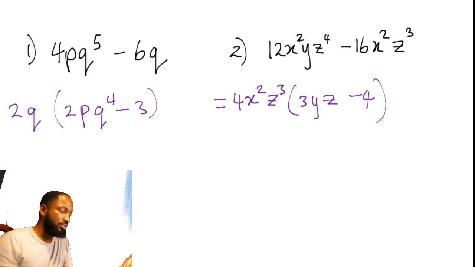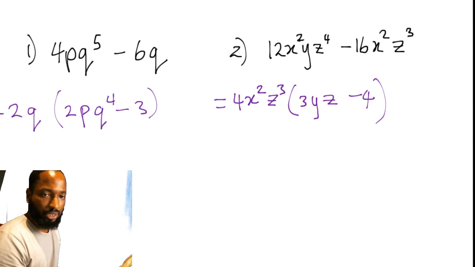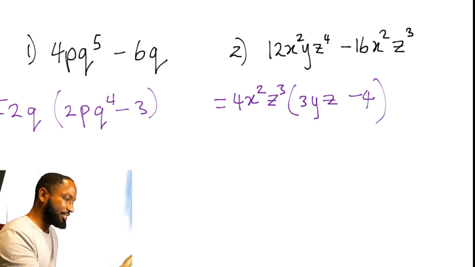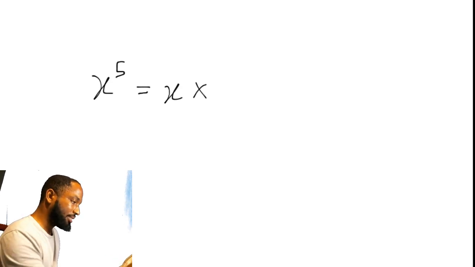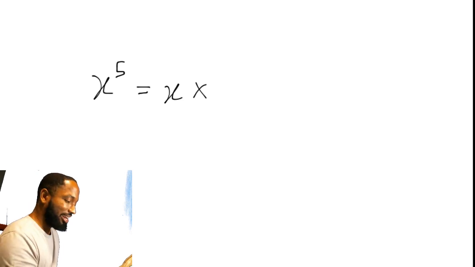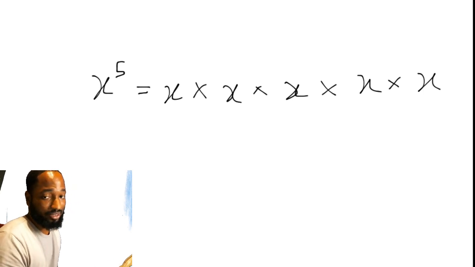Yeah, so you'll get the hang of that. Now, she said something about the indices. Let me talk a little bit about the indices. When I say x to the power of 5, what does that really mean? That means x by x by x by x by x, 5 times.